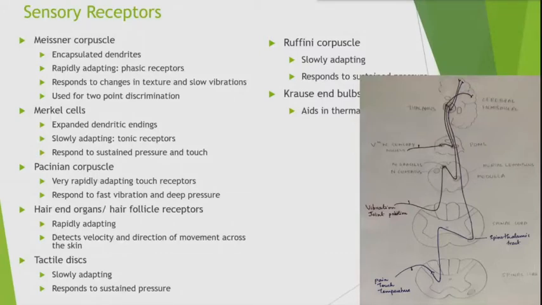It joins the lateral spinothalamic tract, and at what level do they join the trigeminal fibers? It joins the trigeminal fibers at the upper level of pons. From there on, you will be getting hemianesthesia. Till that time, you are getting crossed anesthesia. Is the point clear? Yes, sir. So in the process, it's passing through internal capsule, thalamus.